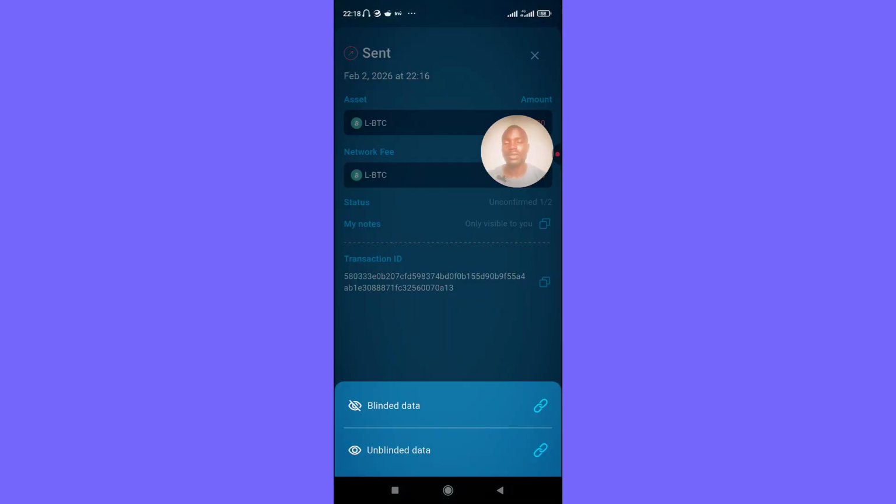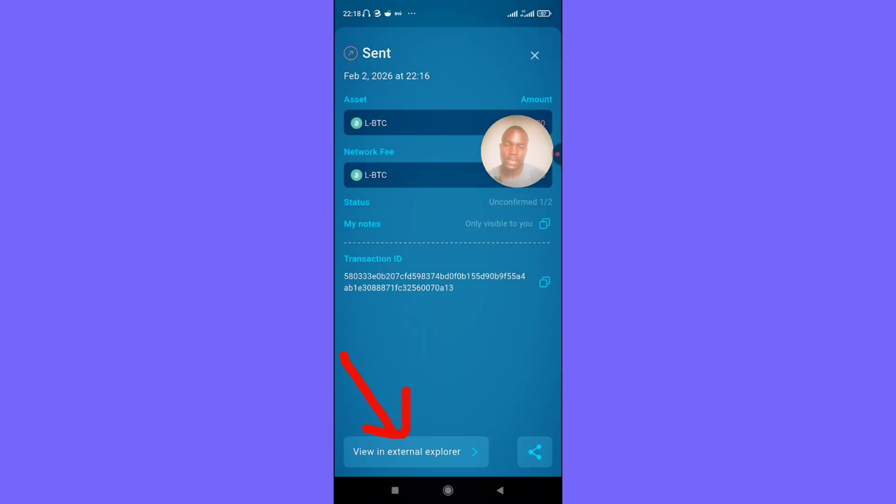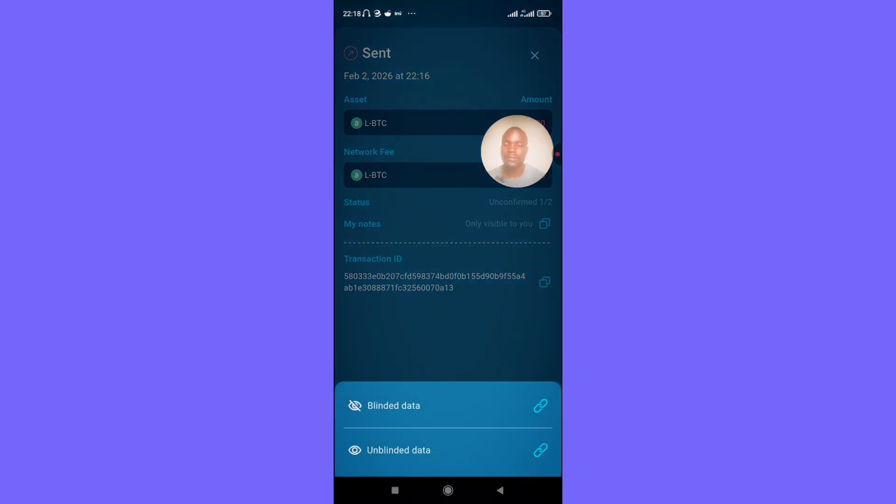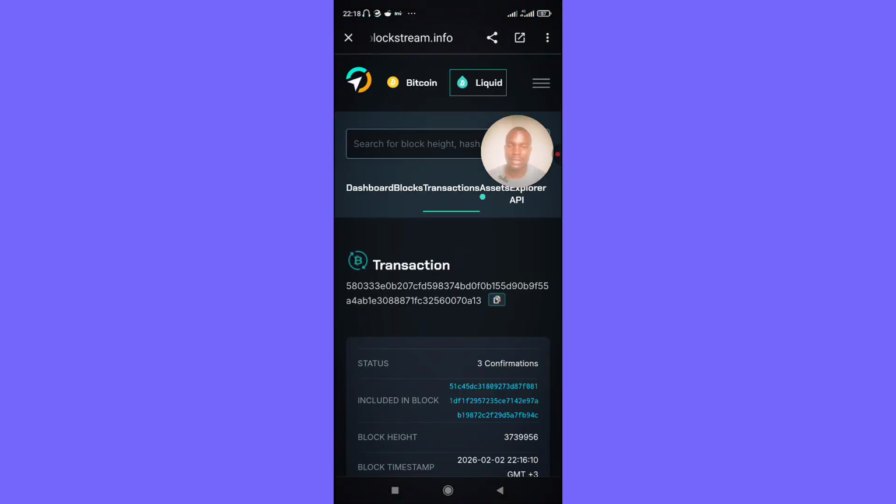The liquid network also helps you to hide your activities within the blockchain. When you click on view in external explorer, you have the feature to see the blinded data and also the unblinded data, but anyone tracking you on the blockchain won't actually see what you've sent. When you click on blinded data, let's see what's being shown here.